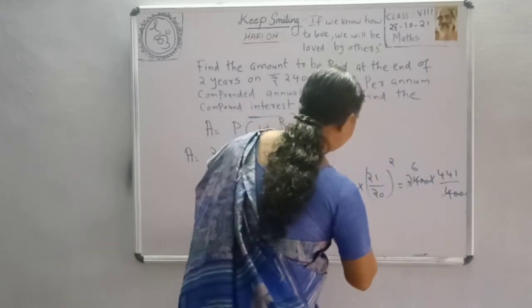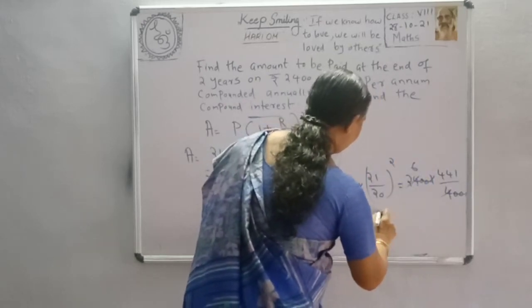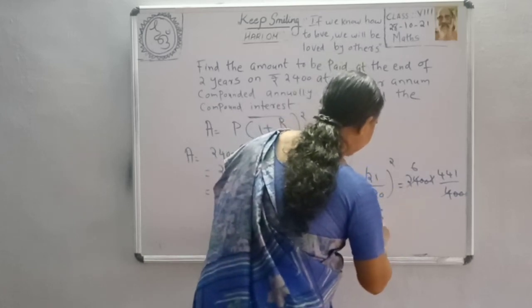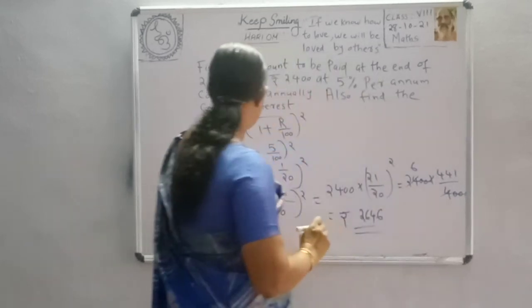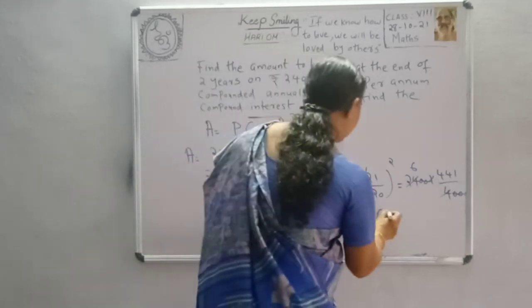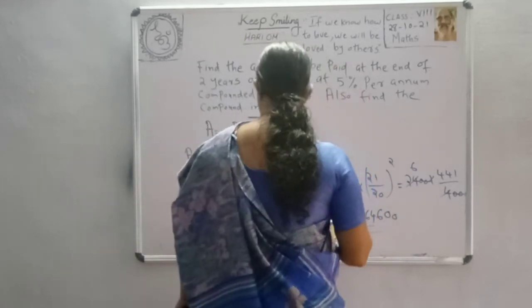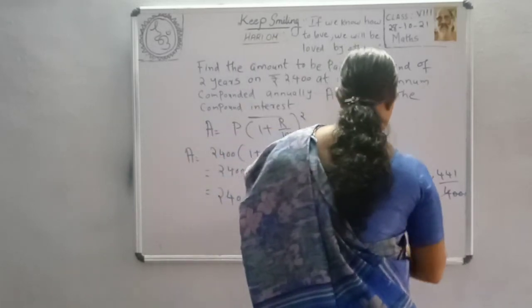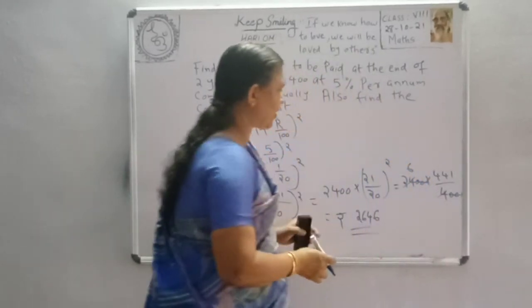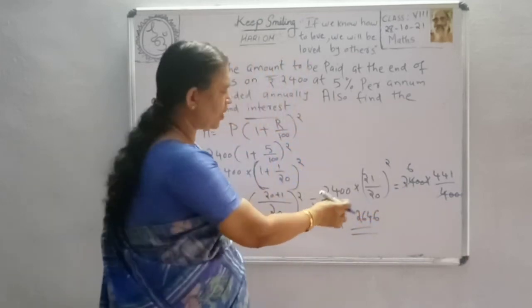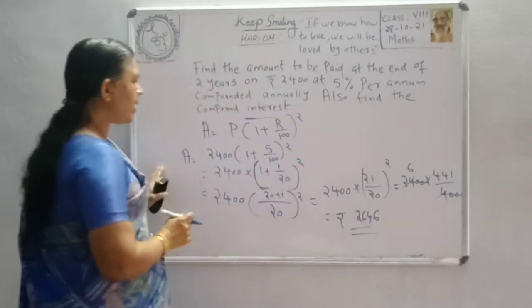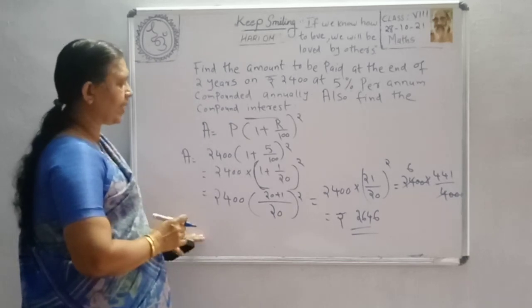So it is equal to rupees 2646. Then how many zeros? 2 zeros. Here the 0 and 0 cancel. So it is equal to rupees 2646. Then what is our amount? Amount is equal to 2646.